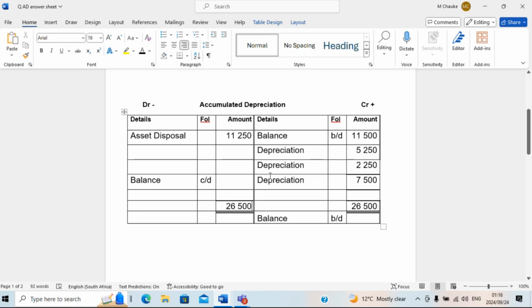Then we get the difference, which will be the closing balance of the accumulated depreciation. So it's 26,500 minus 11,250.